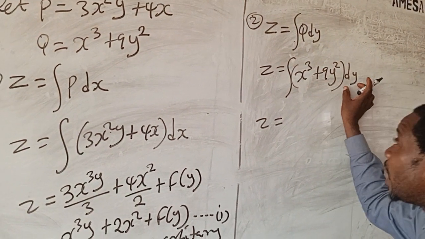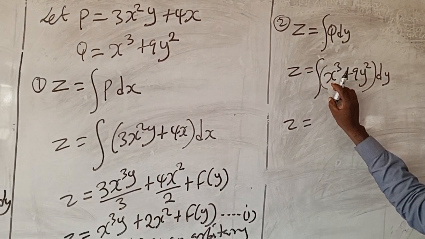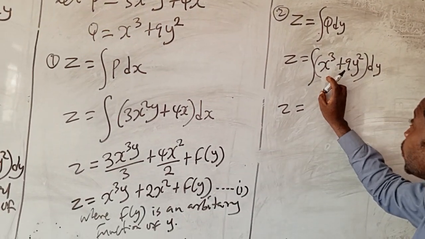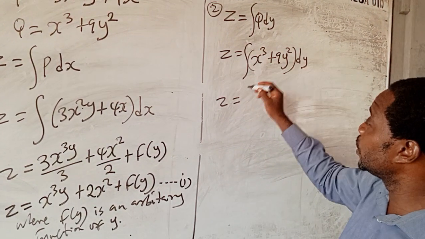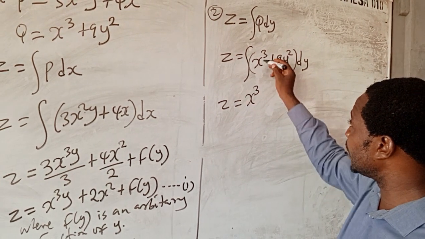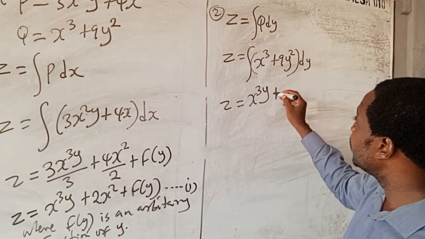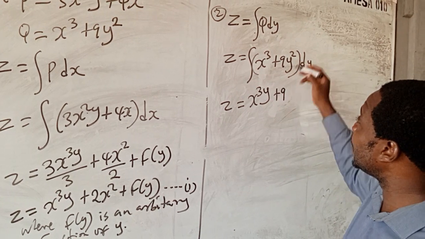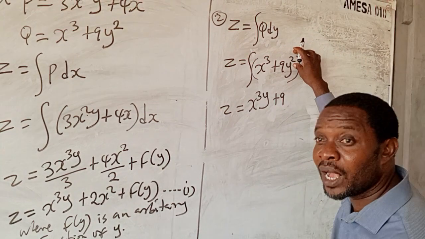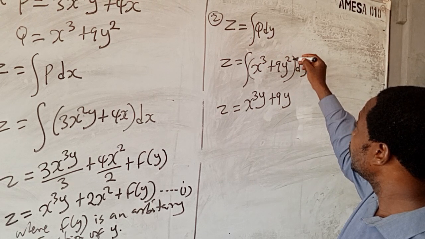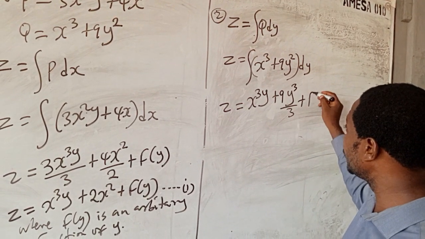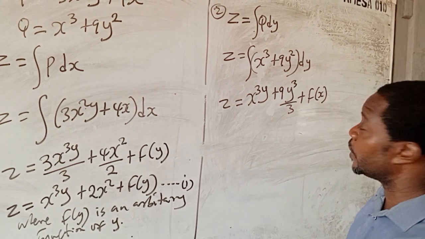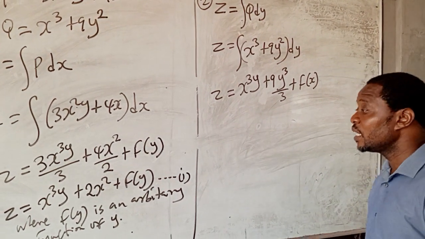Integration with respect to y. There is no y here, but this is like partial integration. So what you do, if there is no y, add y there. So this will give you x raised to the power 3, there is no y, you add y. Plus there is y here now. Increase the power of y by 1. So 2 plus 1 is 3 now. You divide by 3.